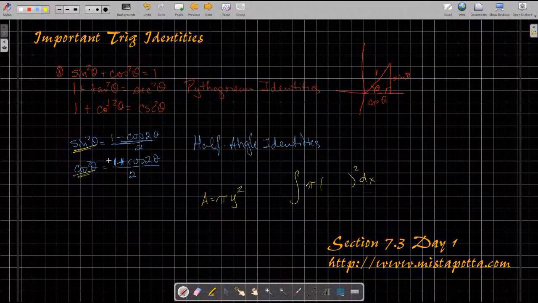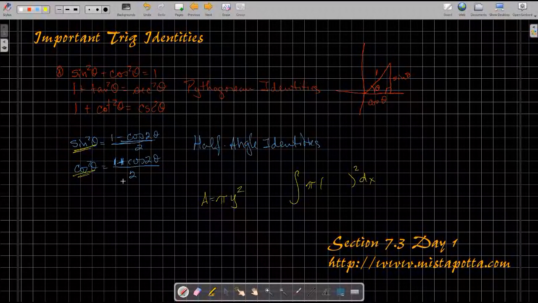But I find that if I transform them into these half-angle identity forms, it's going to be much easier to find the antiderivative just by using substitution.